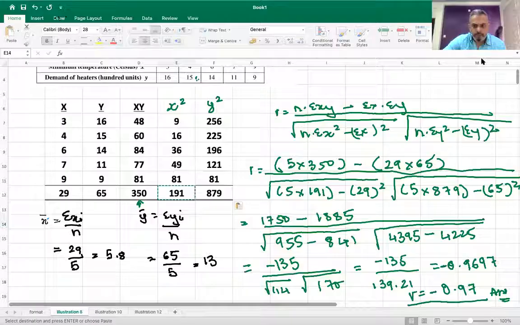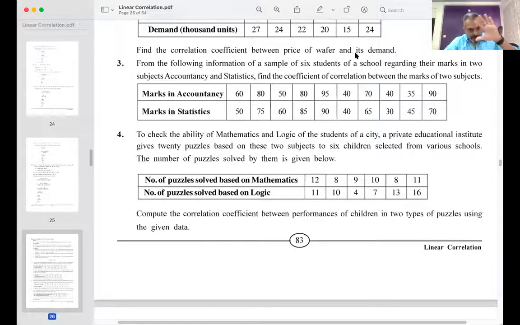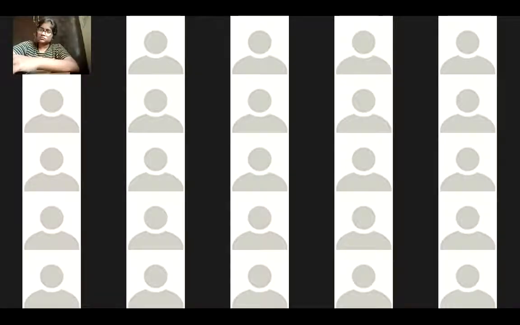Okay, so keep a separate section in your notebook where you have all the formulas. Now, in the formula page, we'll be doing the next formula.